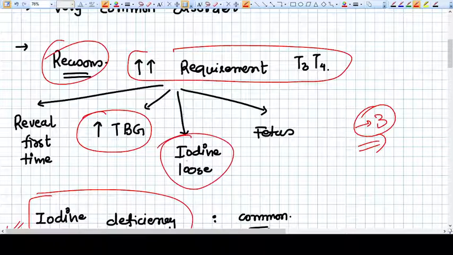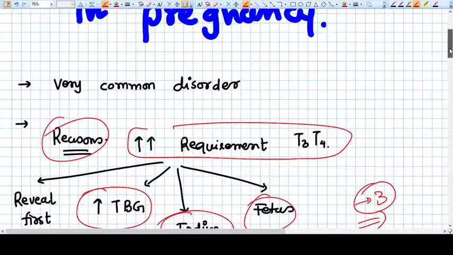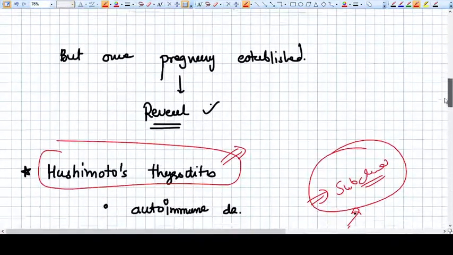Iodine is also lost in pregnancy due to increased renal excretion. The fetus also needs thyroid hormones and iodine. So all these factors can make a patient hypothyroid, and sometimes it is revealed for the first time in pregnancy.